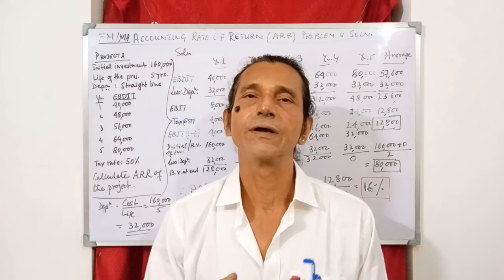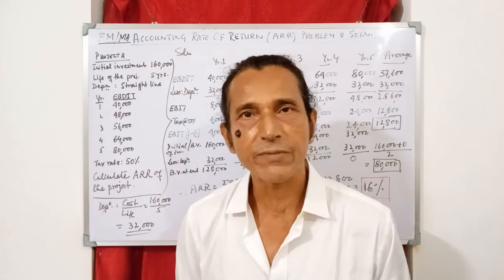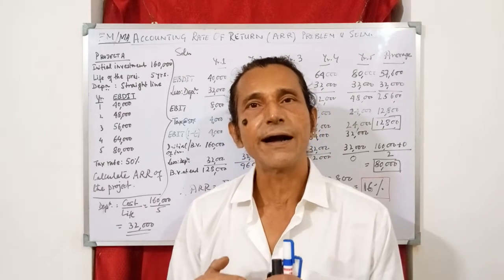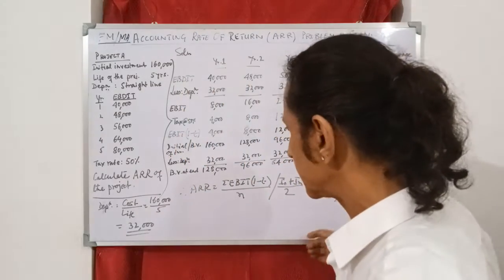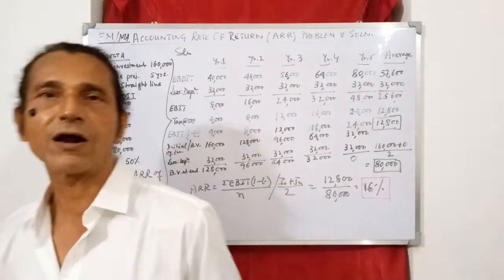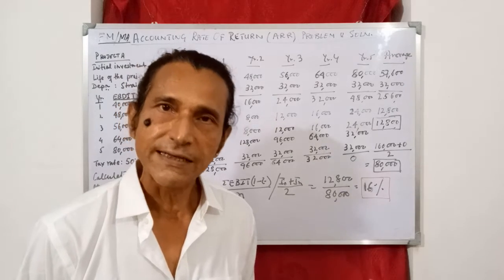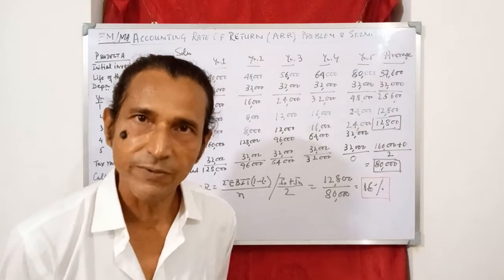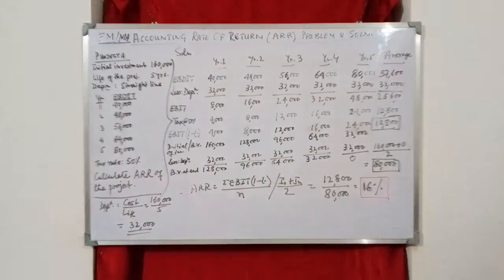That is, if the required rate of return is 9%, then ARR must be either 9% or more than 9%. So here we have calculated the ARR as 16%. Now if the firm's required rate of return is less than or equal to 16%, then the project will be accepted.